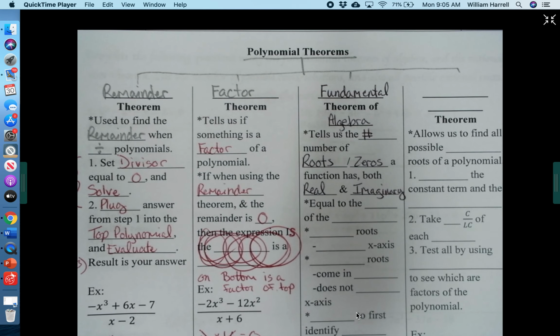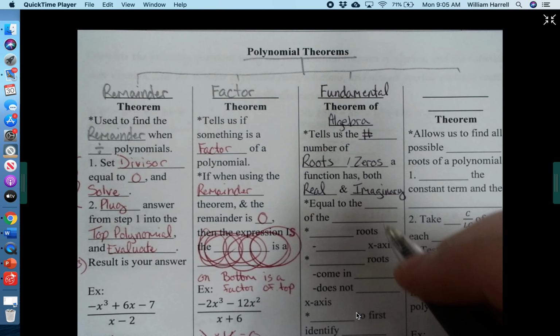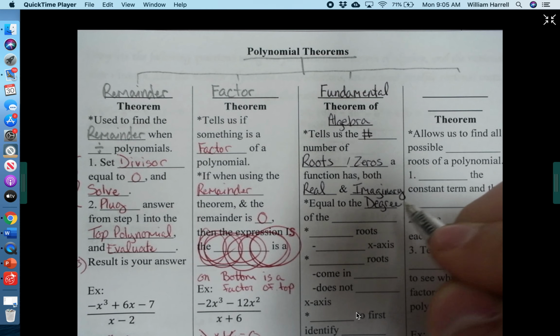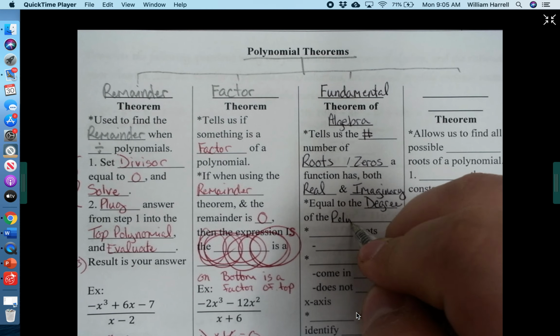The reason why I say it's the easiest is because the number of roots or zeros a polynomial has is equal to the degree of the polynomial or function.